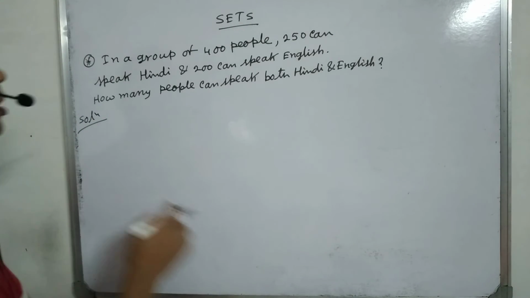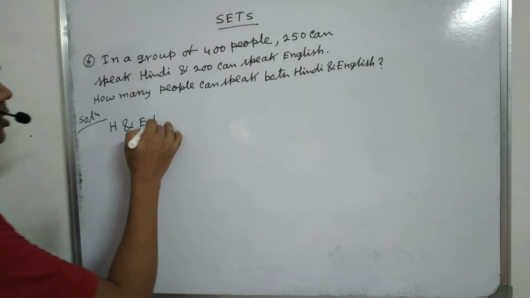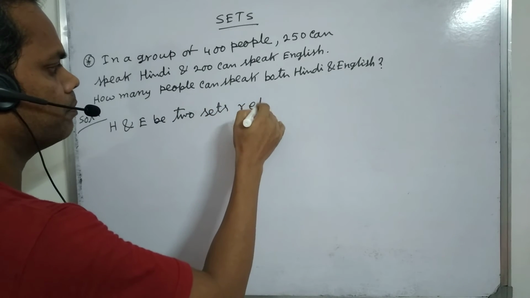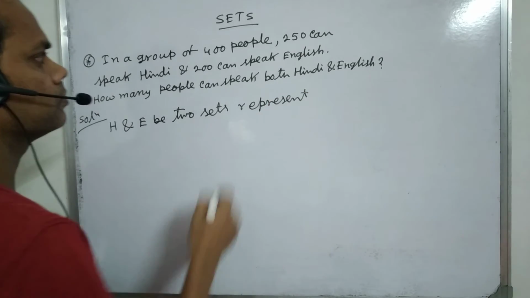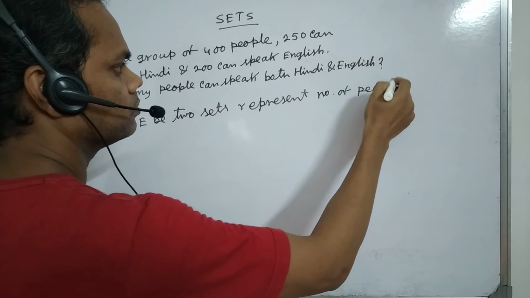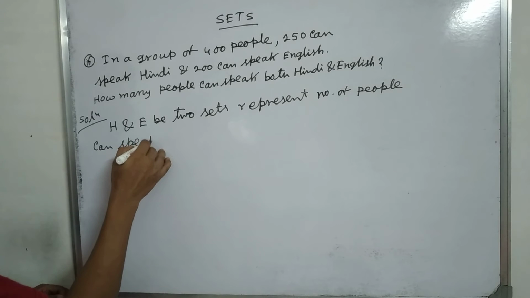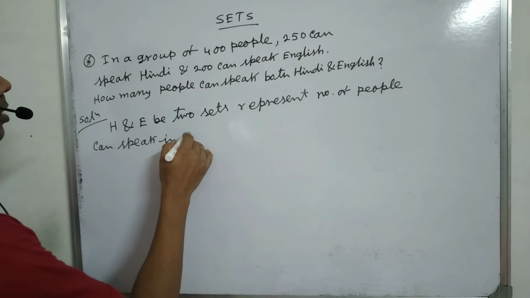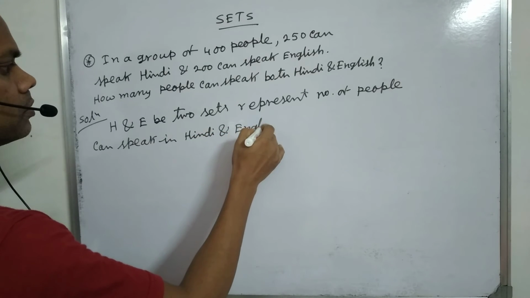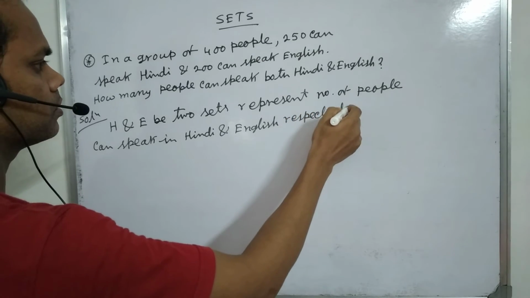Let H and E be two sets representing the number of people who can speak Hindi and English respectively.